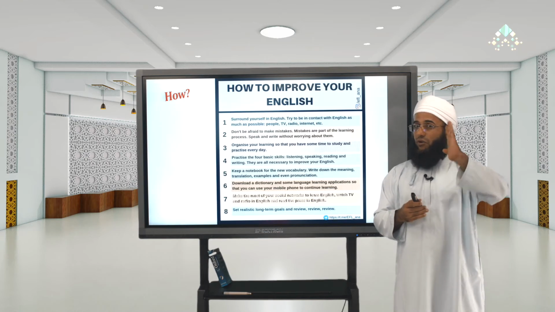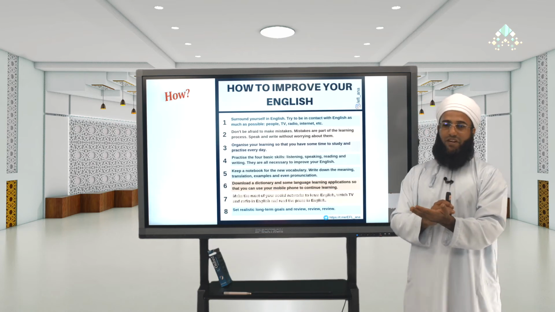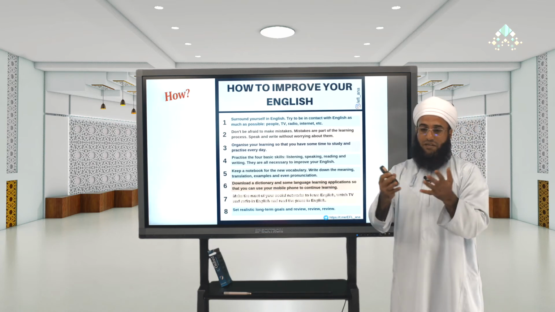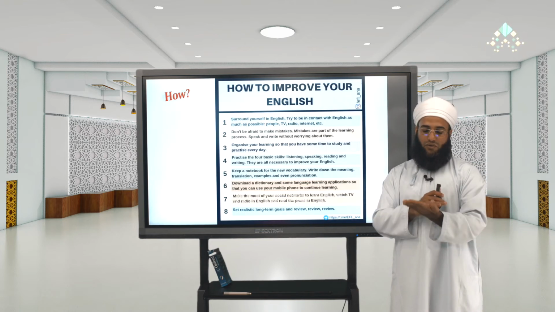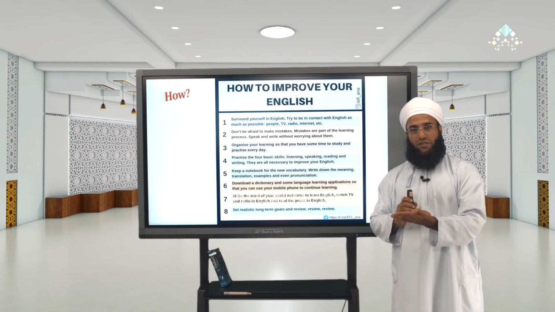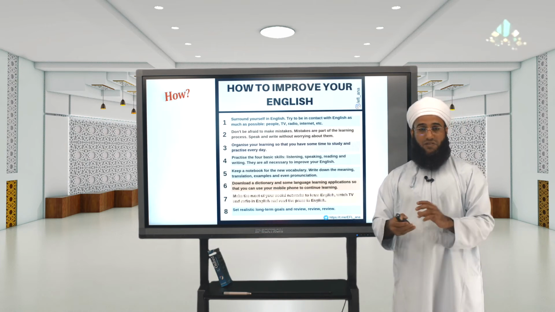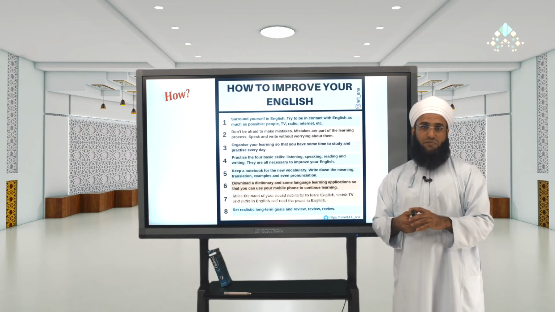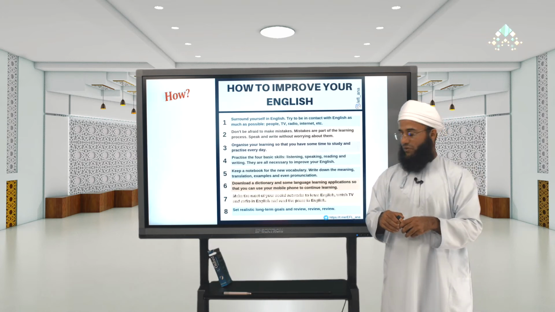It's not only for calling. So this device, you can have a dictionary in it. You can have applications that would help you to learn the language and practice the language. So it's very simple and easy to get those things from the app store.